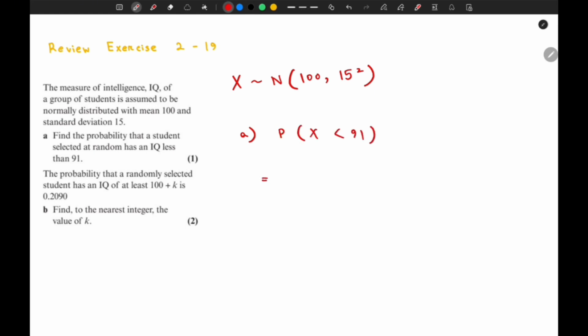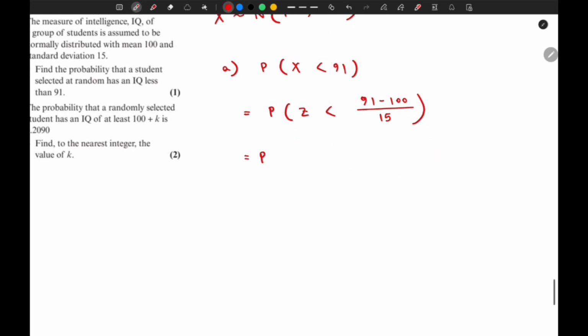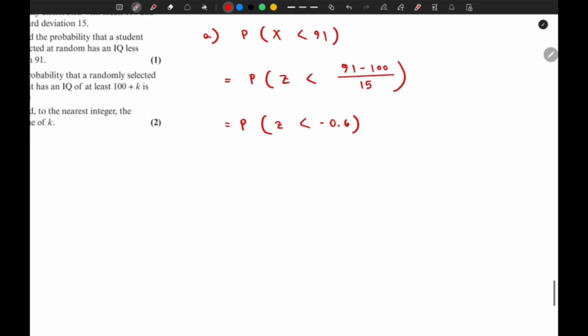So first of all, we need to convert this value of X into Z. So Z is less than (91 minus the mean value) divided by the standard deviation. So this will give us a value of negative 0.6. Now Z cannot be negative, so we can rewrite this using this formula, which is 1 minus the probability of Z less than 0.6.